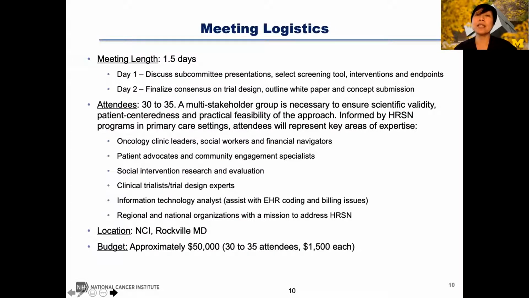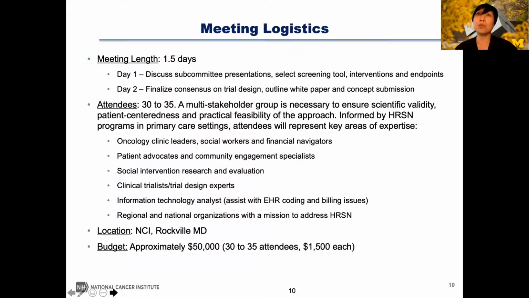The meeting logistics, as initially proposed, will be to convene for 1.5 days to discuss subcommittee presentations, select screening tools, potential interventions and endpoints, and to finalize consensus on trial design, white paper outline, and concept submission.